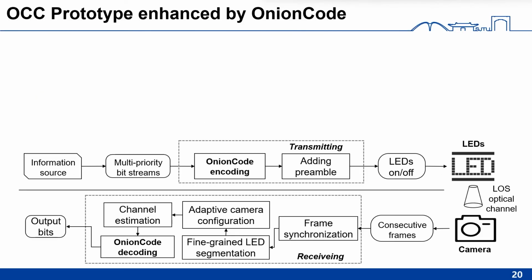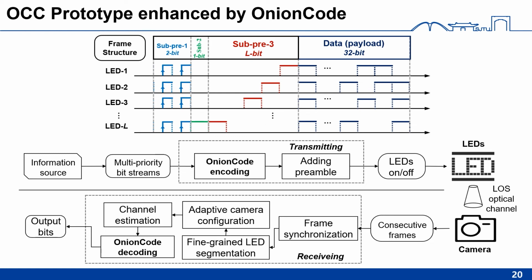We establish a proof-of-concept OCC system enhanced by the proposed ONIONCODE and a carefully designed frame structure to ensure successful decoding at the receiver. The sender first encodes the multi-priority bit stream using the encoding table to get the payload. Then, a specific preamble is added, consisting of 3 sub-preambles. The receiver captures consecutive video frames and first performs time synchronization and fine-grained LED segmentation based on sub-preamble 1, helping the receiver to determine the current layer.